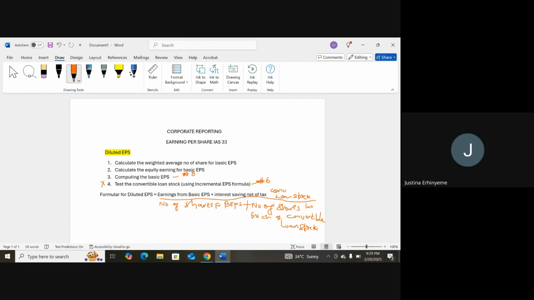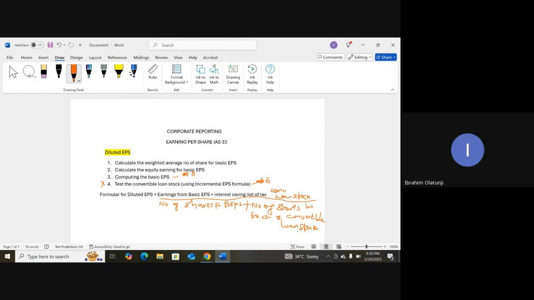So the scenario is just that if the incremental is higher, we are not going to add the number of the convertible. If the incremental is higher than the basic EPS, you are not going to add it. Under the denominator, I said number of shares for basic EPS plus number of shares in exchange of convertible loan stock.